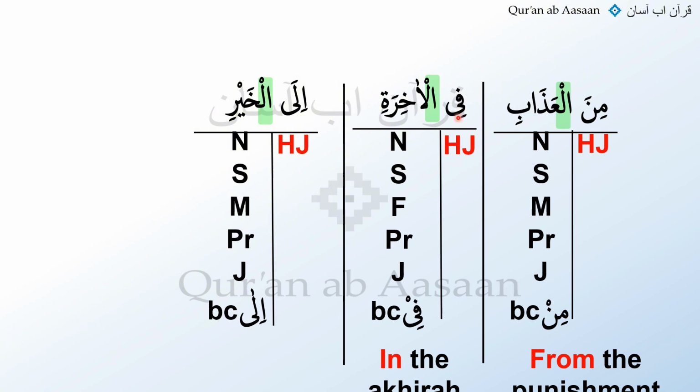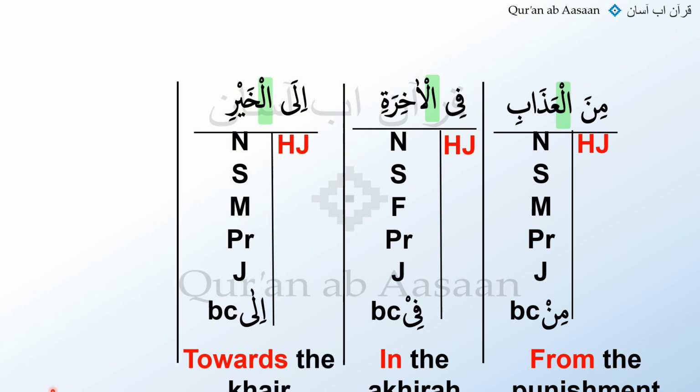Regardless of how it is showing here in the analysis, I am writing the correct harakas of the harf jar, of how it appears on its own, okay? Because of ila. And ila, what was the meaning of ila? To the khair, good. And it can be towards the khair as well.